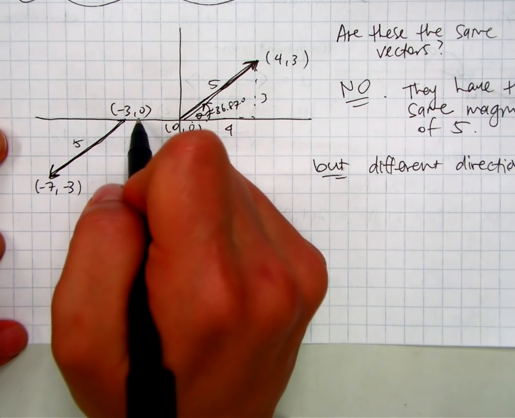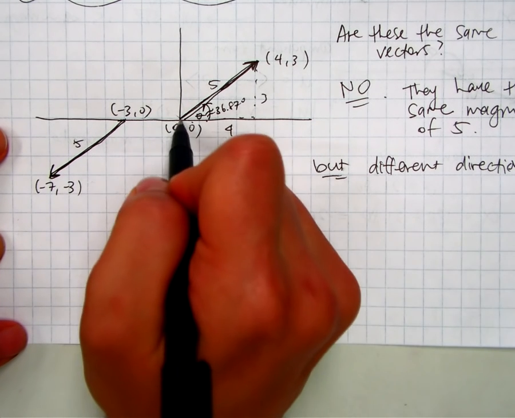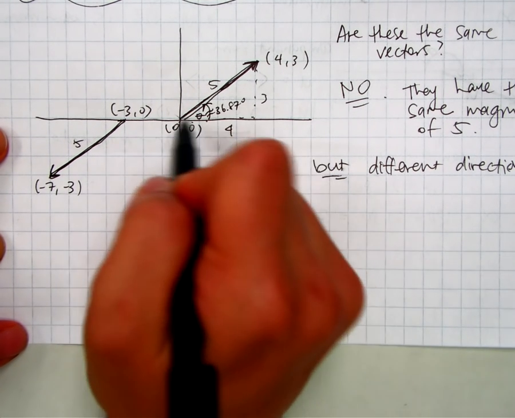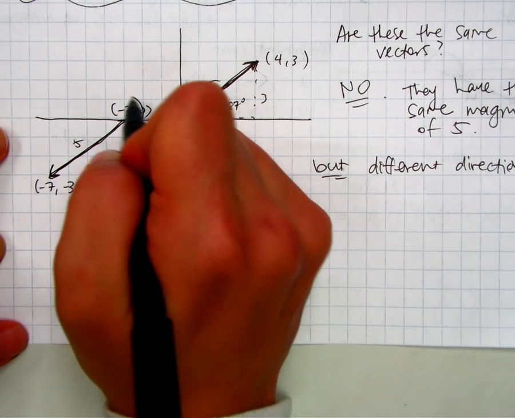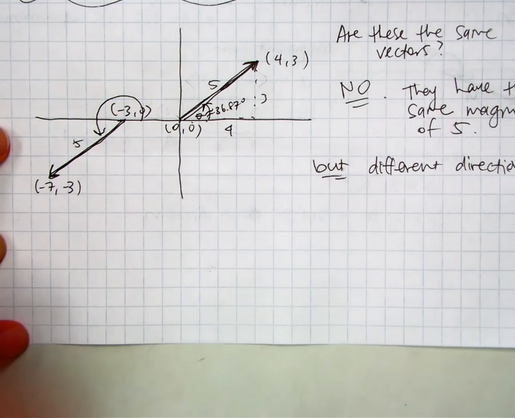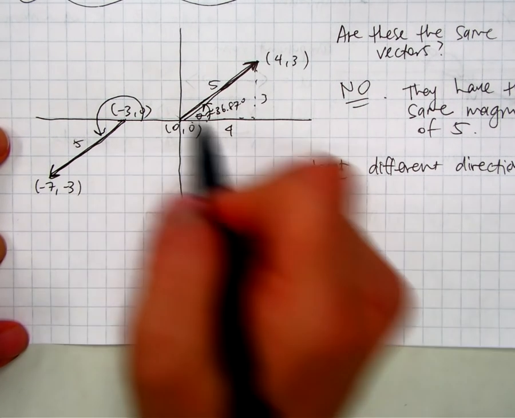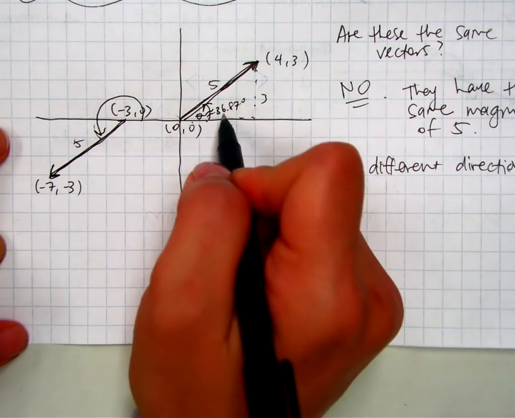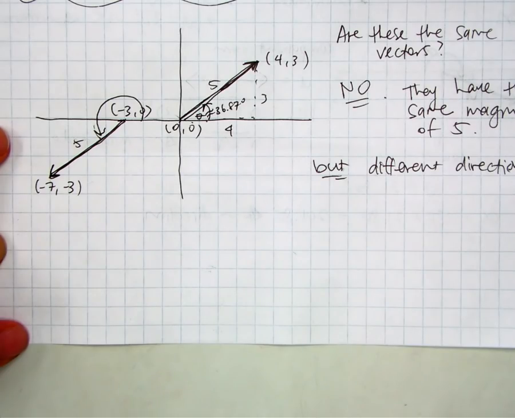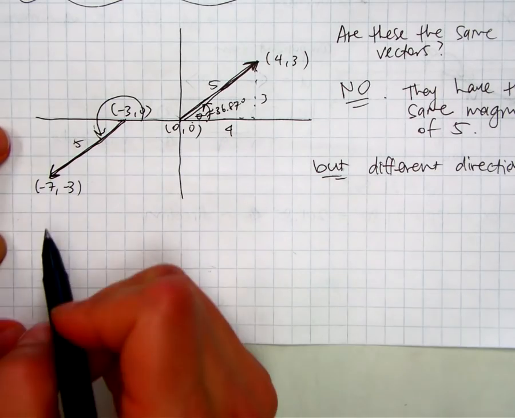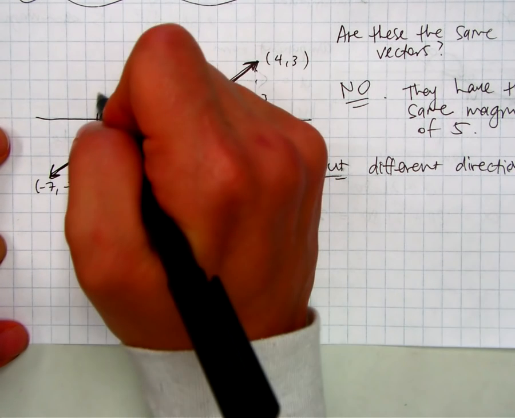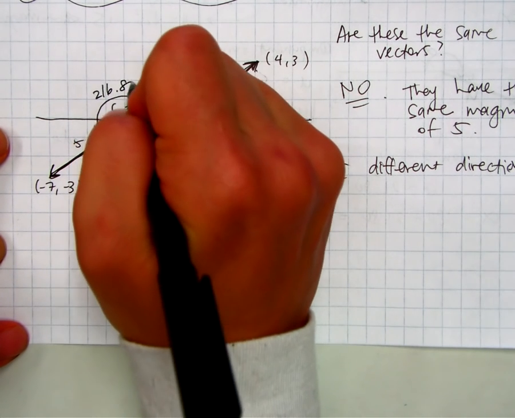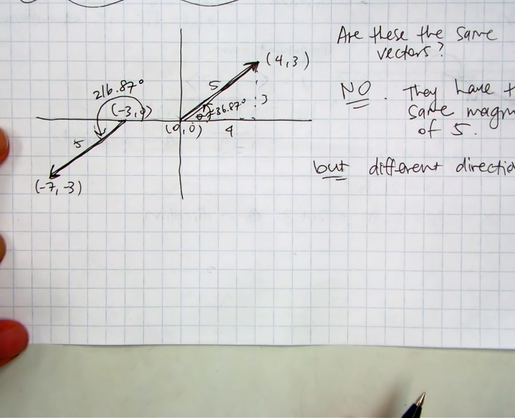The direction, remember there's always one north that goes this way. It's my 0. The direction of this vector is all the way around this way. The direction of this vector is actually 180 plus the 36.87. So that gives me 216.87. Okay.